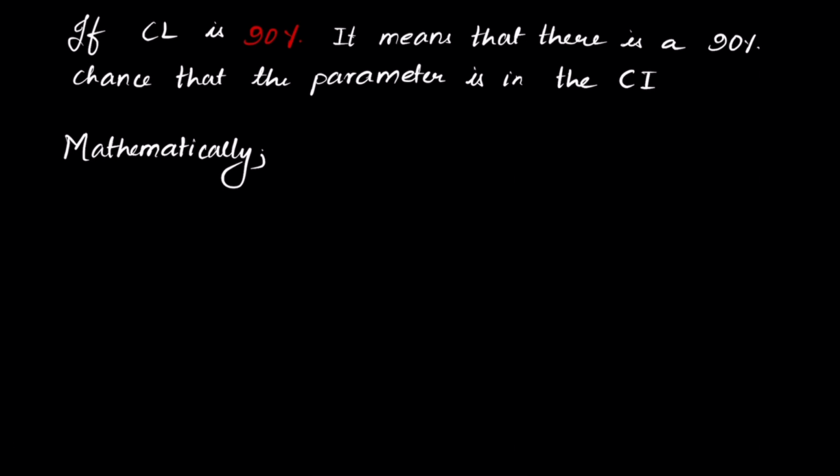So confidence level basically just tells that the surveyor is confident enough by this much percent to say that the parameter of the population is present within the confidence interval that he has generated with the help of the statistic that he calculated from the sample.